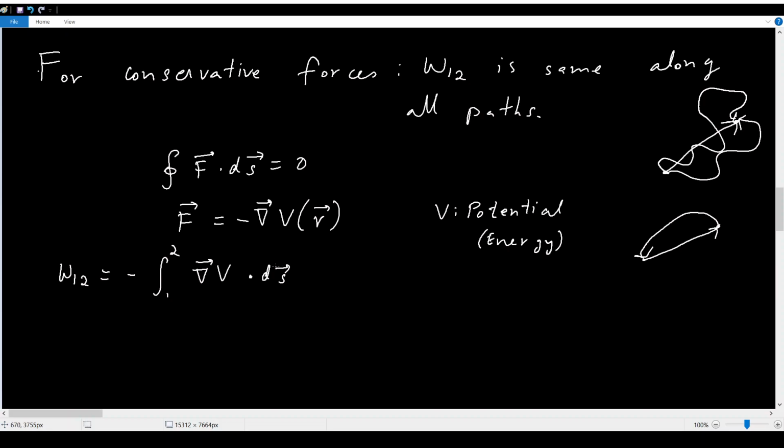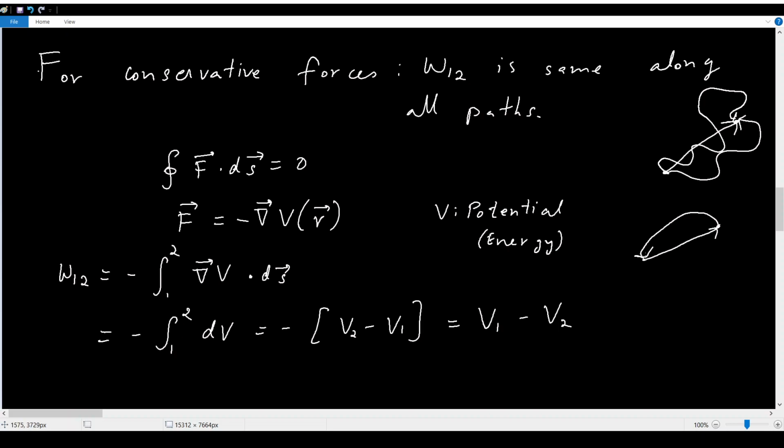Now del v dot ds, this is again very simple vector algebra. This just gives the differential of v. So integrating, we get v2 minus v1, and this just becomes v1 minus v2 with the negative sign outside.